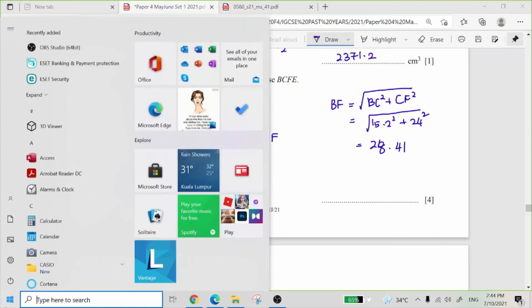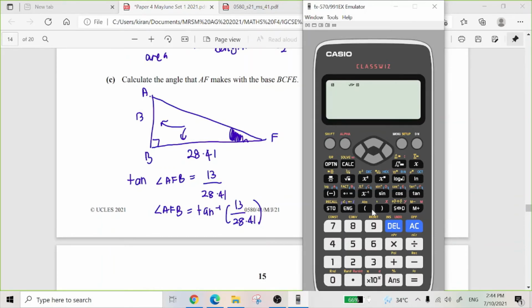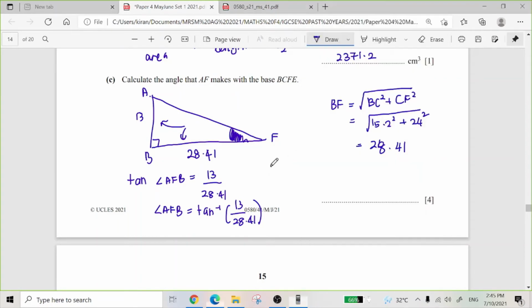Make sure you use your calculator: shift, then tangent, then 13 over 28.41 with brackets. Then we get 24.5888. Please remember to leave your angle answer in one decimal place, so we take 24.6 degrees. That is the answer for C.